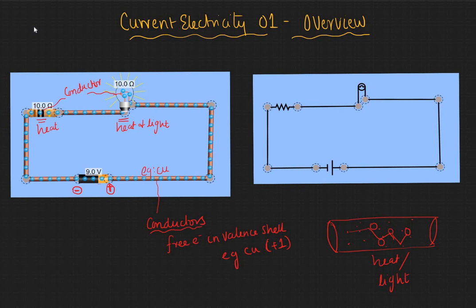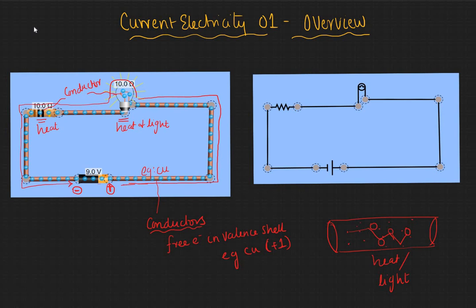Once the wire is connected, the wire being a good conductor, the electric field gets established over the whole circuit, and usually this electric field is established at the speed of light.